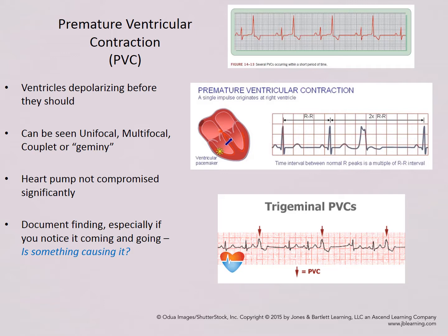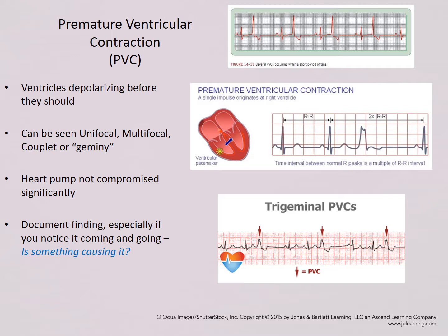Premature ventricular contractions, also known as PVCs. This is when the ventricles depolarize before they should. So you're having a unifocal or sometimes multifocal source in your ventricle, which is causing the impulse to irregularly originate.